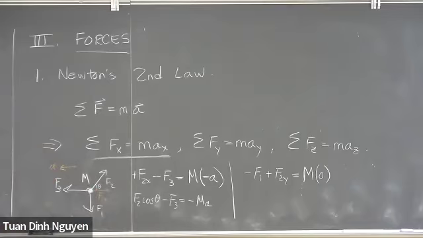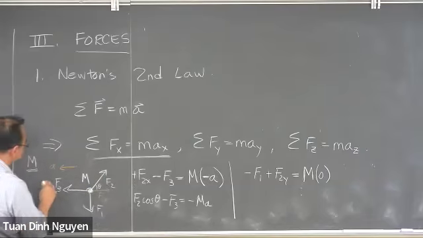So we have to include the mass in our free body diagrams. What I told you in the lecture was, you can put it over here, but I didn't have space.